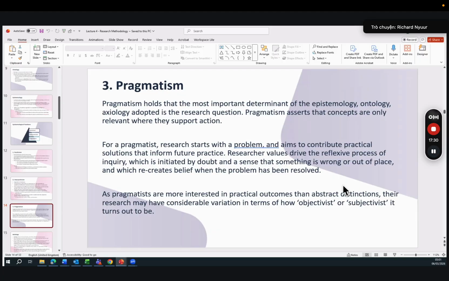So pragmatists tend to focus on the research problem, and they tend to use both objective and subjective, that is maybe a mixed approach. So they are more interested in the practical outcome than just focusing on what is the valid answer or what is the nature of knowledge. Okay, so that is pragmatism.